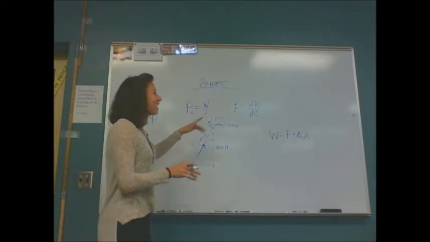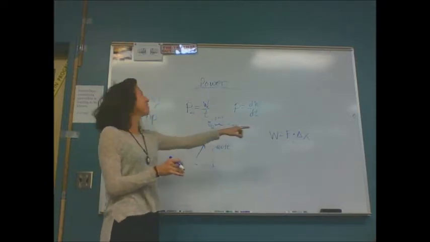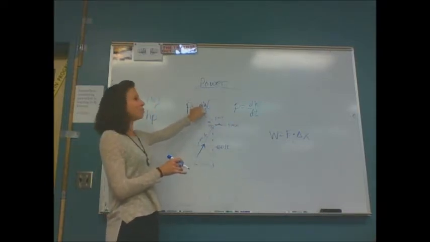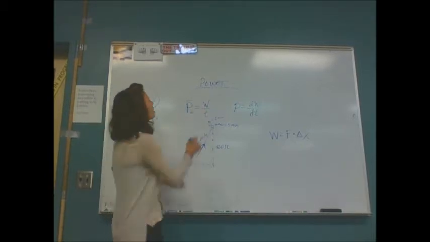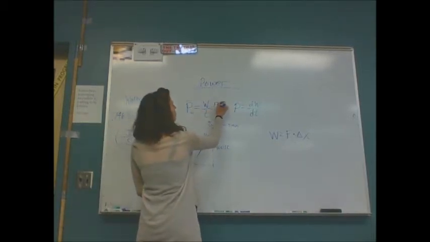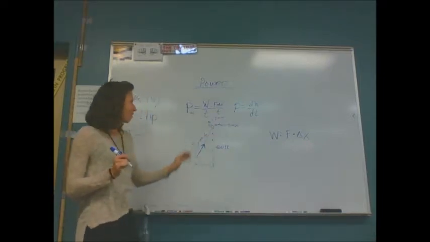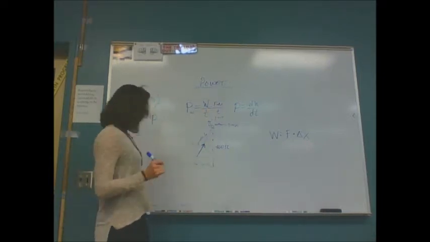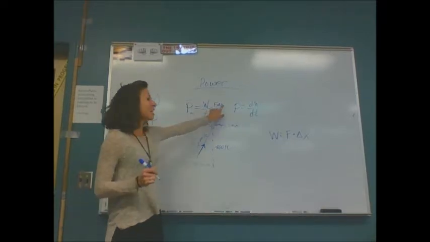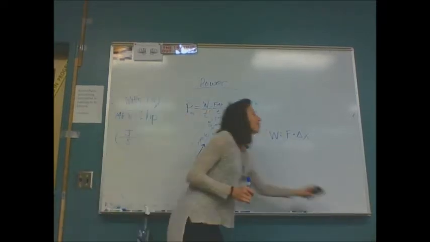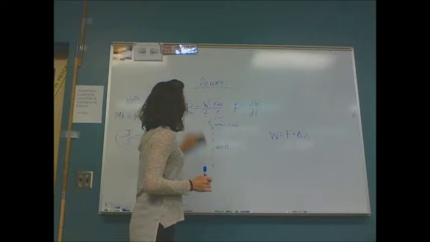Does everyone see where that came from? Work is F dot delta X, divided by T. The delta X divided by T part is average velocity. So if I take my force vector and dot it with my average velocity vector, which are almost always in the same or opposite direction, then you can get the average power.